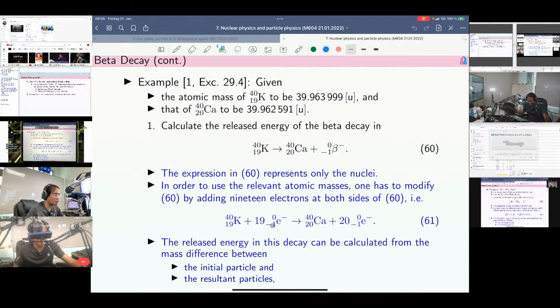We also add 19 electrons to the right hand side. But since we already have one in advance, one electron, we need to have 20 electrons. So now the equation is valid for this value because this is the whole complete atom for potassium 40, and here is the complete version of calcium 40.